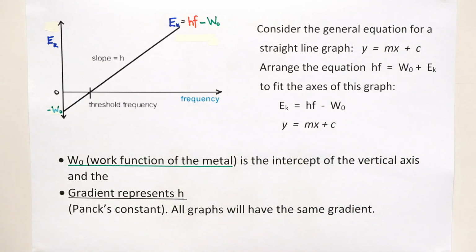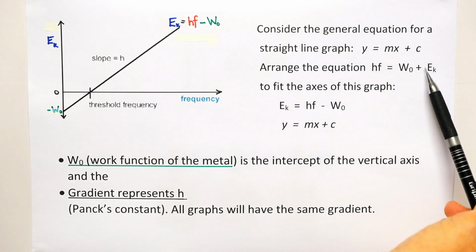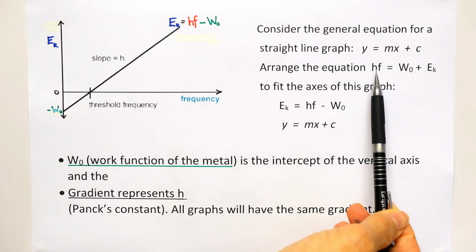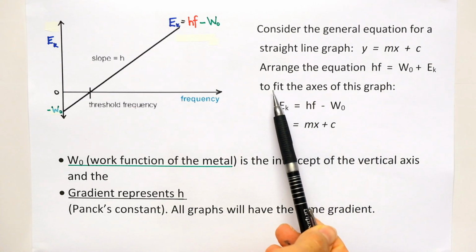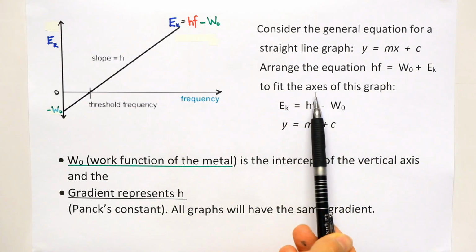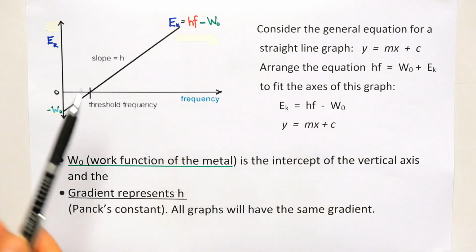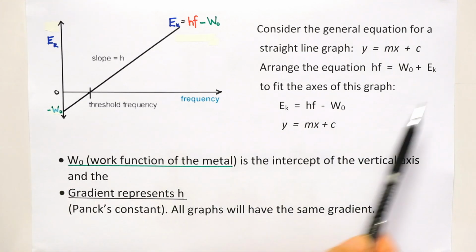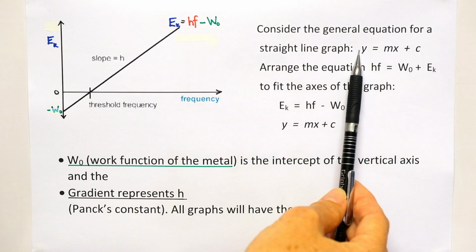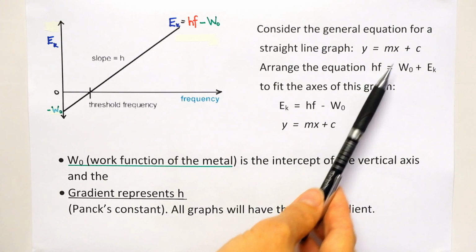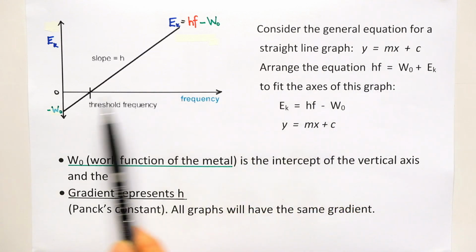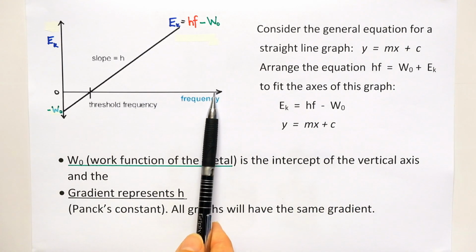We are going to arrange our equation, which was E equals W0 plus EK, but in the place of E, I'm putting in HF, and we are going to manipulate this equation to fit the axes of the graph. So I want EK to be on the left-hand side where the Y is, because it's my vertical axis, and I want frequency to be in the place where X is, because that is my horizontal axis.